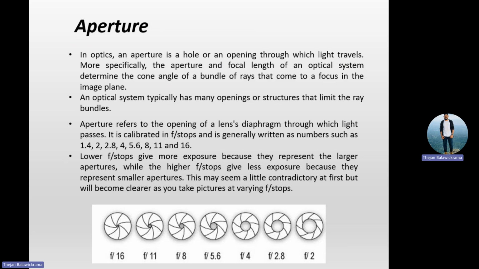So we also have optical instruments that have aperture sizes. What are the aperture sizes? We talk in f-stops. What are the f-stops? The photographic method.